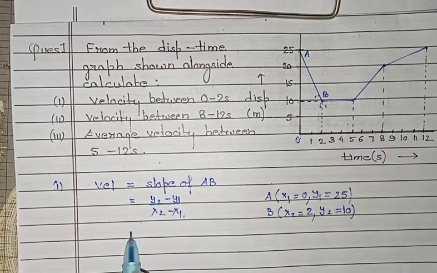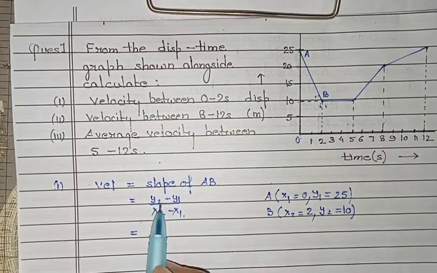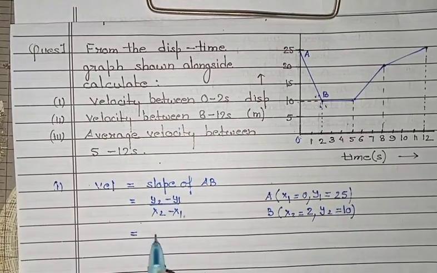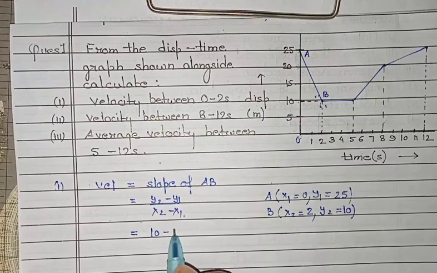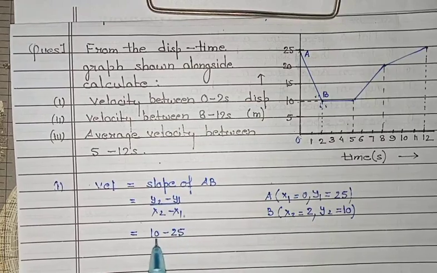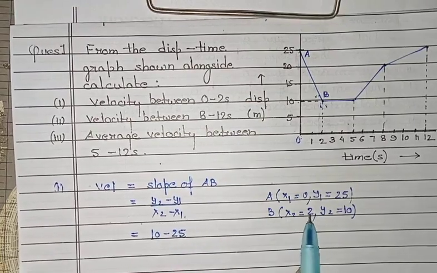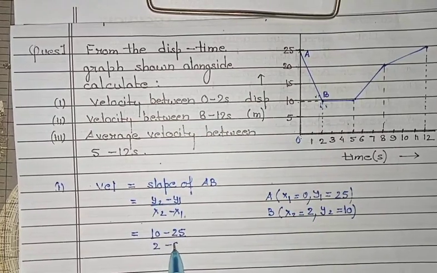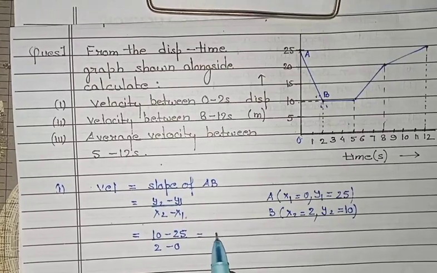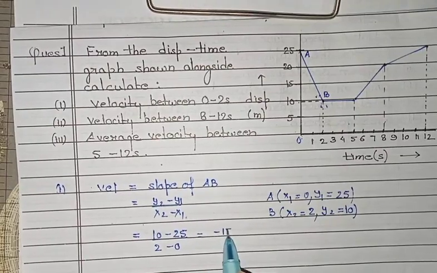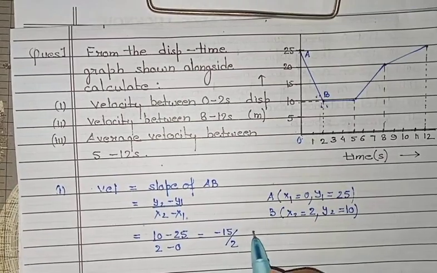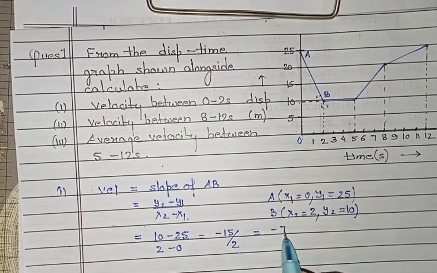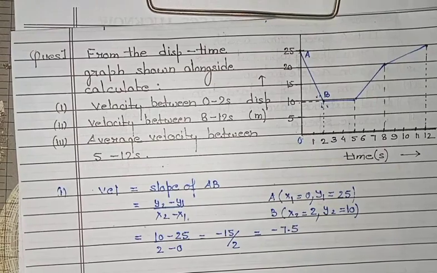Now let us substitute these values over here. y2 minus y1, so it's 10 minus 25 upon x2 minus x1, so it's 2 minus 0. So you will be getting minus 15 upon 2, that is minus 7.5.